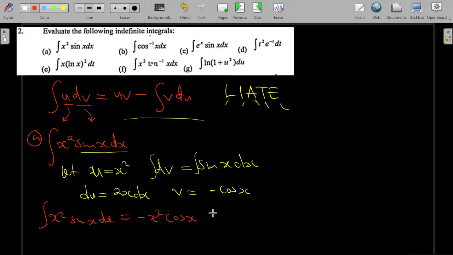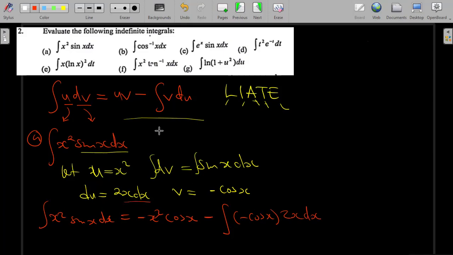Then minus the integral. Then my v is negative cos x, and of course my du is 2x dx, so here I put my 2x dx.